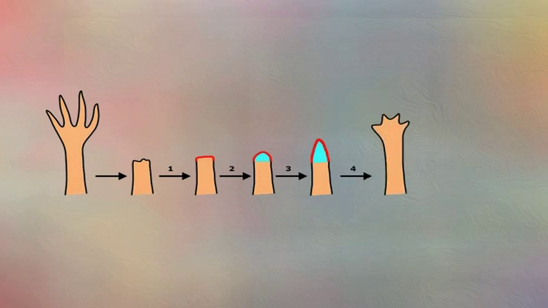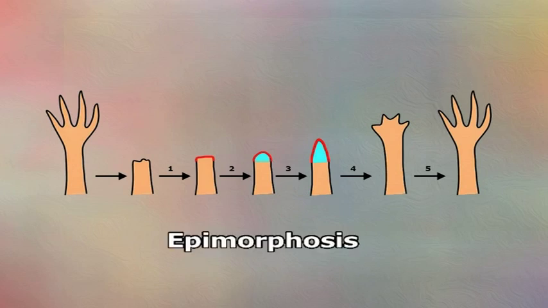Soon, the digits appear, followed by formation of bones and muscles. After several months, regeneration completes and the process is commonly known as epimorphosis.